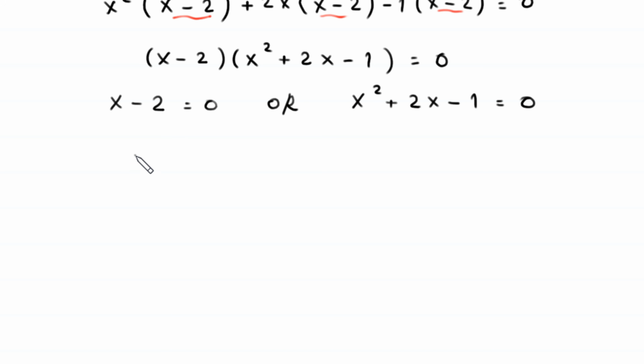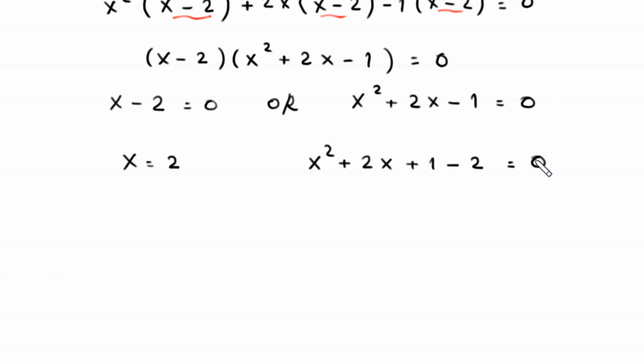From this equation we get the value of x equal to 2, and this quadratic equation we solve by the completing the square method. We write this x squared and this 2x, and this negative 1 is the same as plus 1 minus 2 equal to 0.